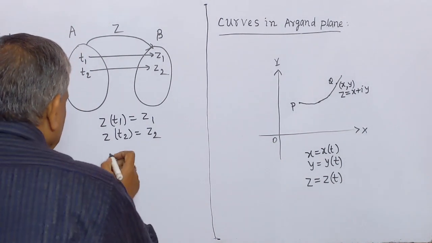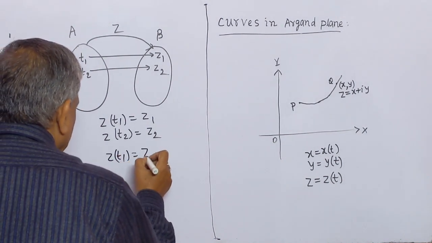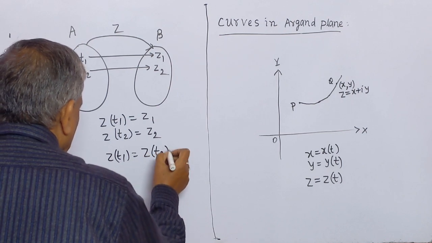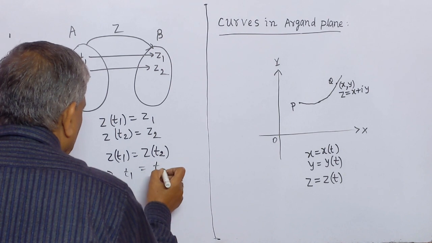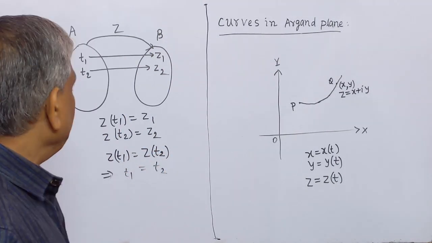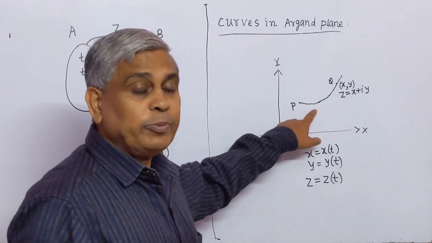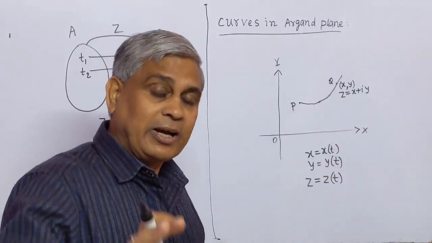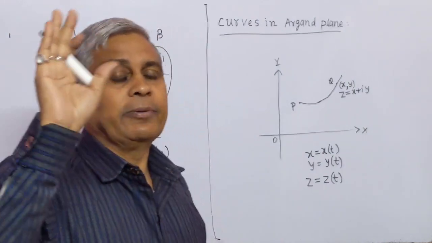If z(t1) equal to z(t2) implies that t1 equal to t2, then z is a one-one function. And in this case, the curve is said to be a simple curve. Now we define what is a simple curve.